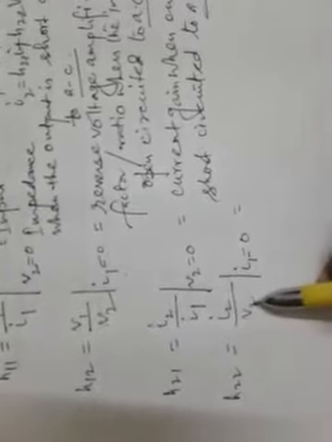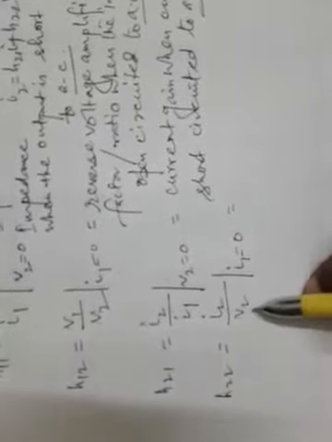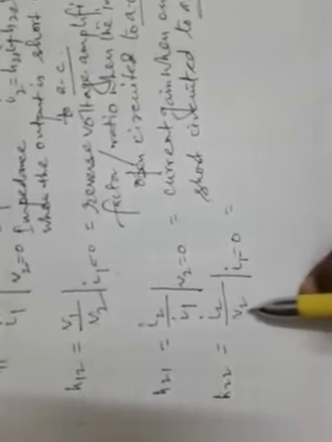Since it is in the output port, because in general port 2 is considered the output port and port 1 the input port, it is I2 by V2, output port current by output port voltage. So it is current by voltage, and it should be called output admittance. So this is nothing but output admittance when I1 equals 0, meaning the input is open circuited to AC.